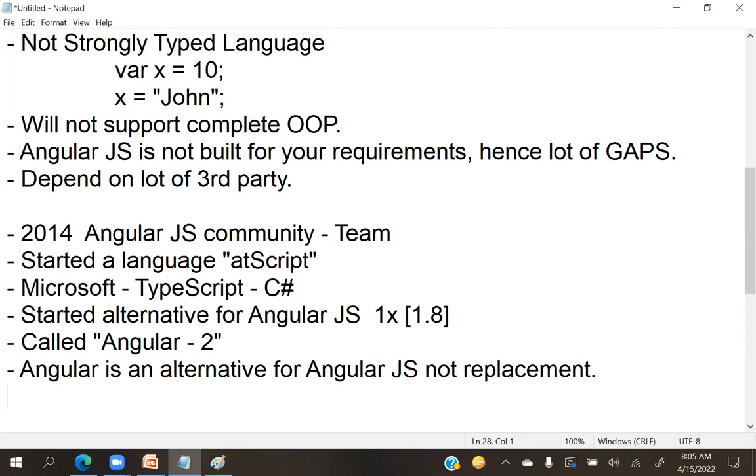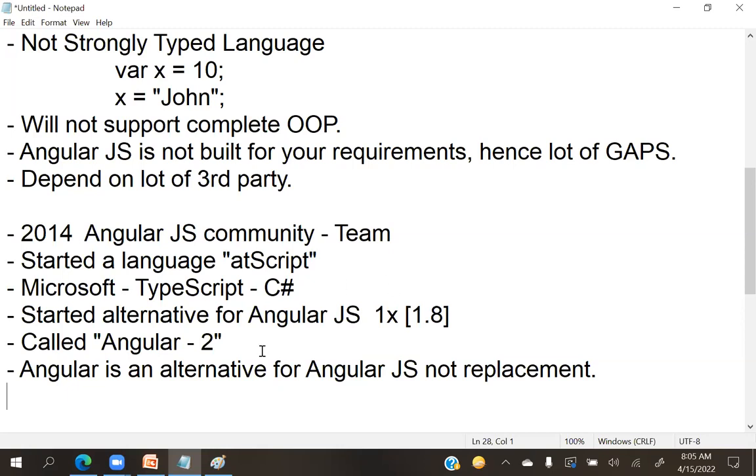If you learn Angular, you cannot handle AngularJS; if you learn AngularJS, you cannot handle Angular. You have to learn both separately. Don't think that Angular is an advancement of AngularJS. It is just an alternative.